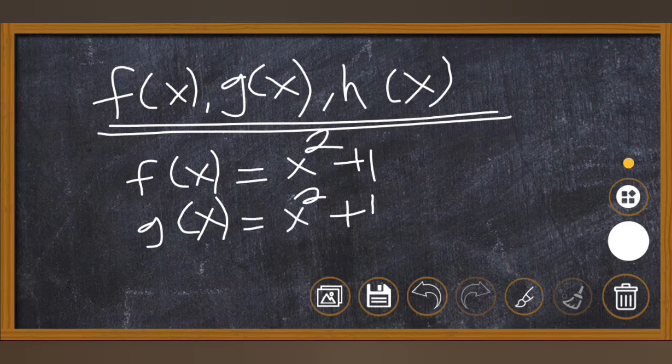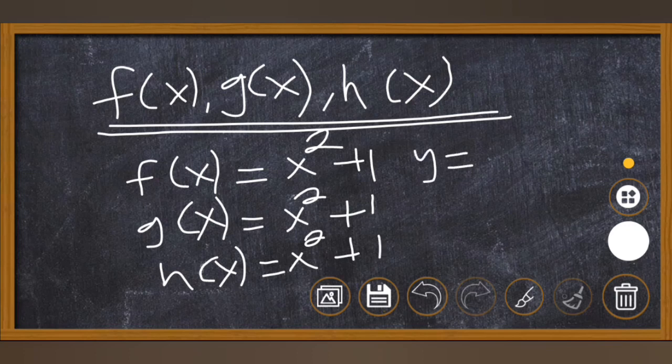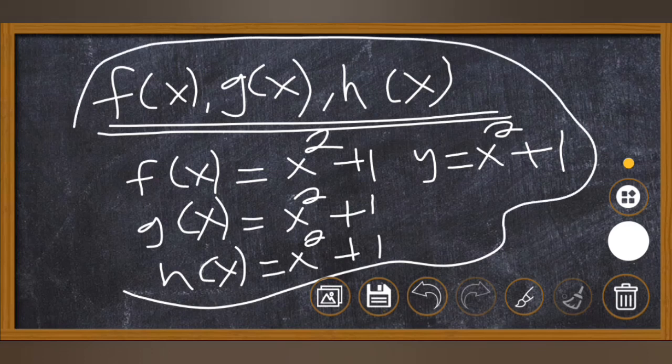Apart from this, they can also use h of x equals x squared plus 1. Again, apart from this one, they can just directly say y equals x squared plus 1. So all these algebraic expressions we have here are what defines a function.